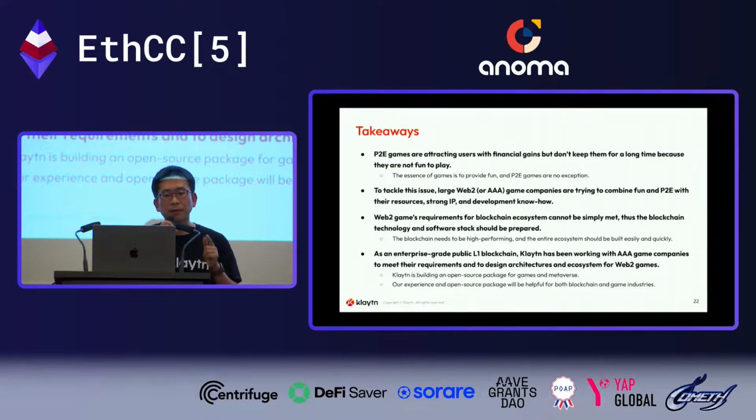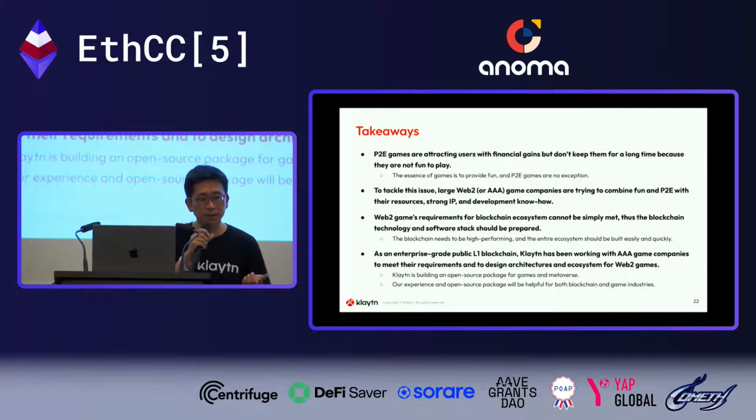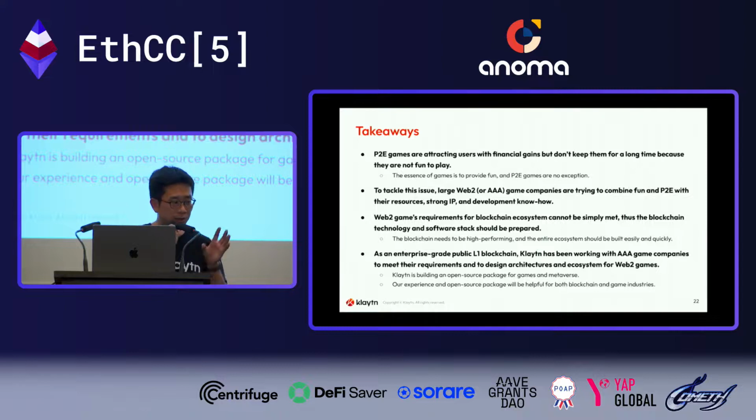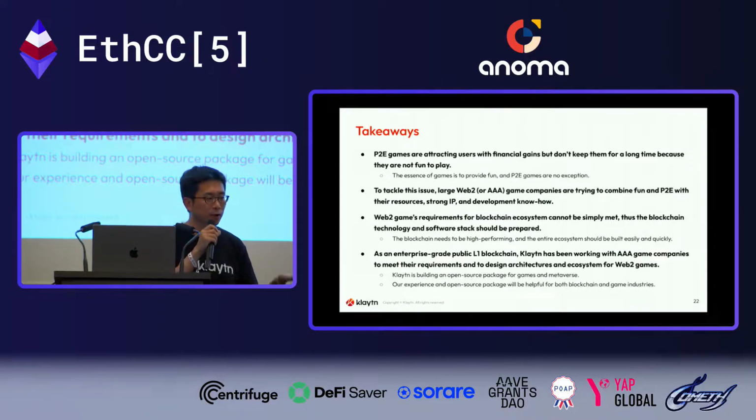So we have this problem, and to tackle this issue, the large Web2 or AAA companies started looking into Web2 and Web3 architecture and P2E game structures, and they combine the fun of their own IP and the P2E structure with their resources, their IPs, and development know-how. But they have been running their games for a long time, 10 years or more than 20 years.